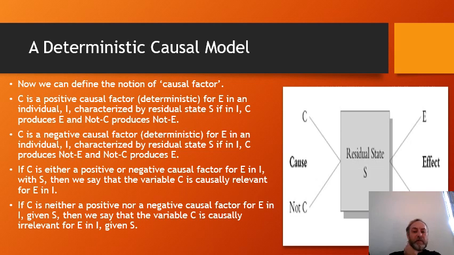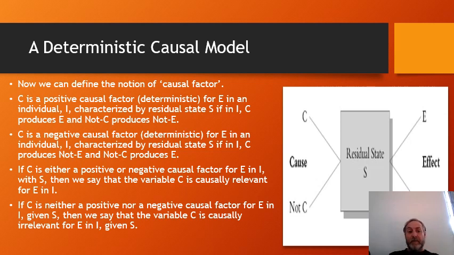Okay, so using this machinery, these stipulations we've made, now we can define the notion of a causal factor, something we're interested in when we're trying to determine whether something's a cause. So we can say C is a positive causal factor, and this is in a deterministic model. We're going to talk a bit more about what that means, for E. Again, C is a value of a variable, E is a value of a variable.